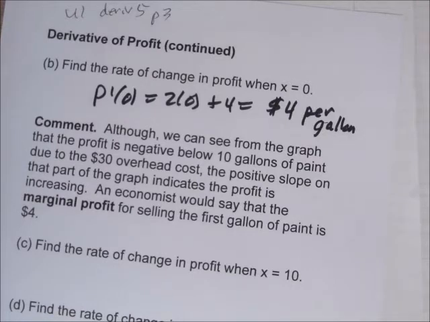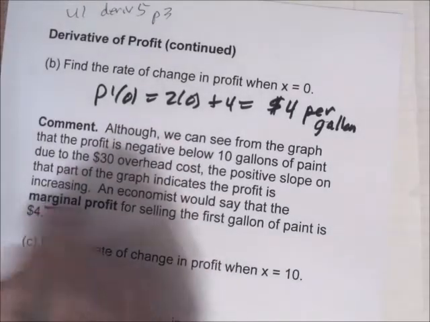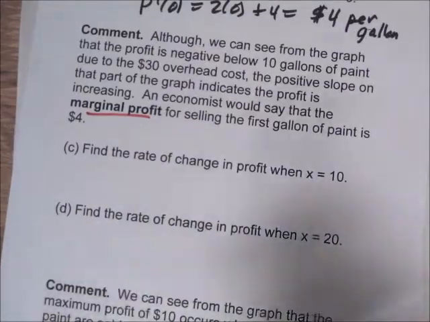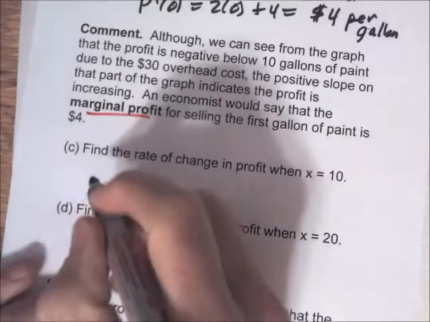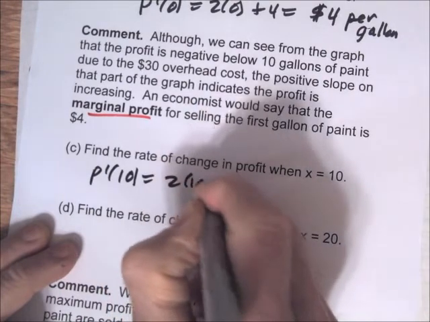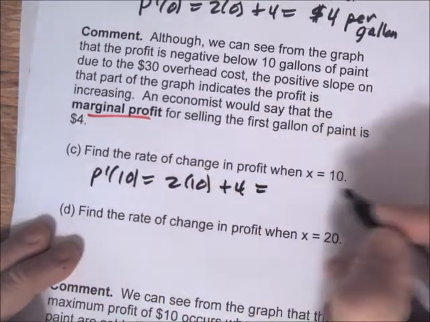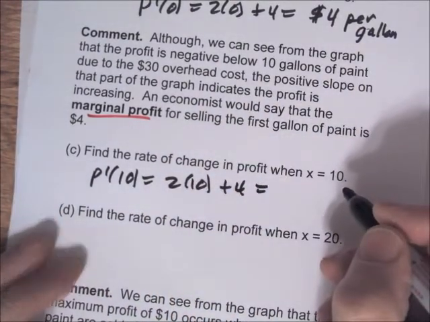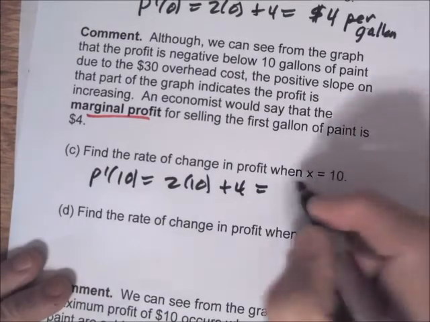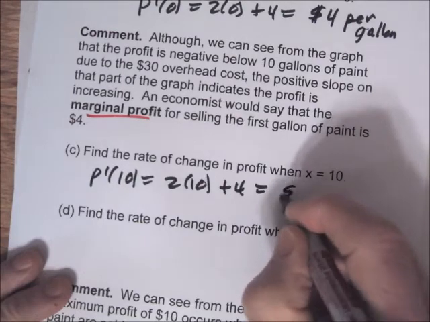That's sometimes called the marginal profit for selling the first gallon of paint. That's the economics term, marginal profit. Rate of change when x is 10, so p prime of 10, 2 times 10 plus 4 is going to be 24.